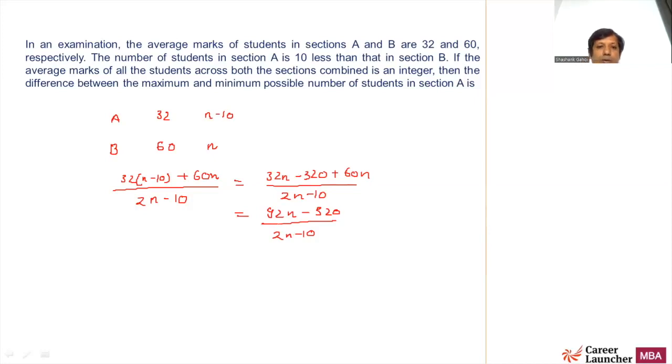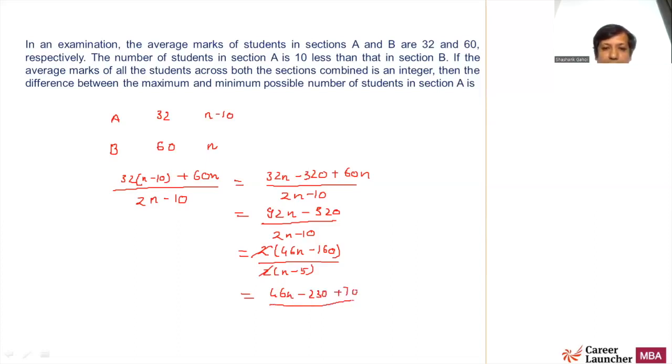Now what I am going to do, I am going to take 2 common over here. So I am going to get 46n minus 160 upon 2 times n minus 5. So this is cancelled out. Now I am writing 46n minus 230 plus 70.